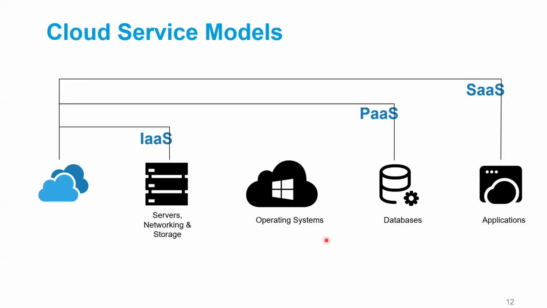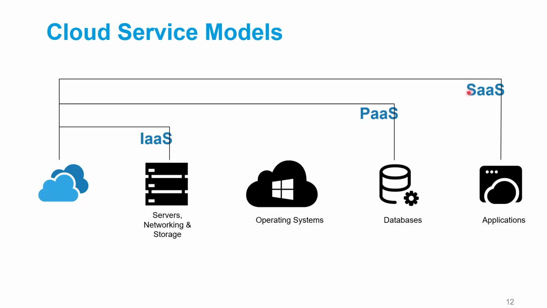We need JVM, Java Virtual Machine. So those are the environments that we need whenever we work with those languages. Okay, and whenever we rent out all those things, we are actually using platform as a service, PaaS. So with platform as a service, we can rent out operating systems, we can rent out databases.